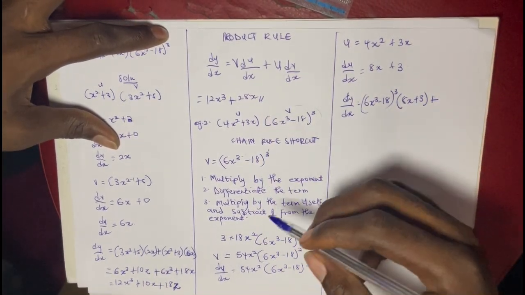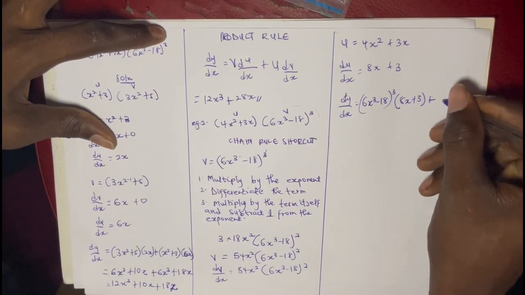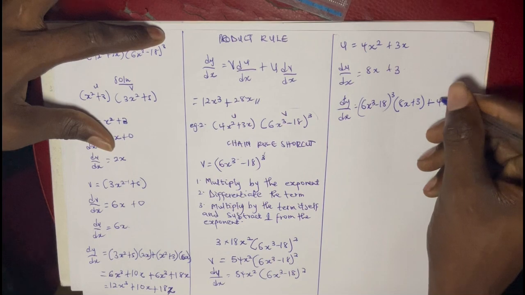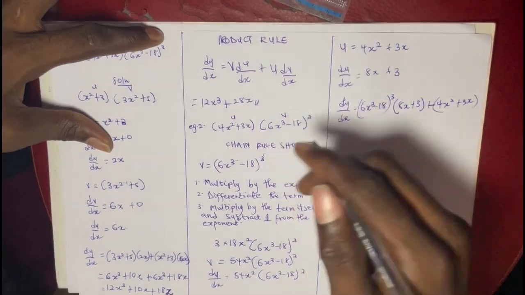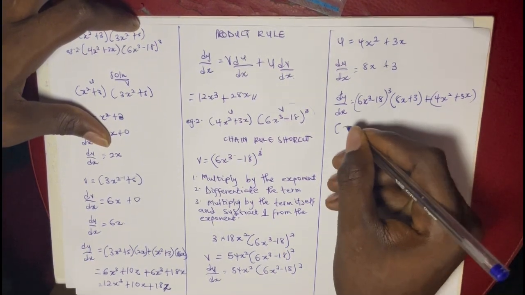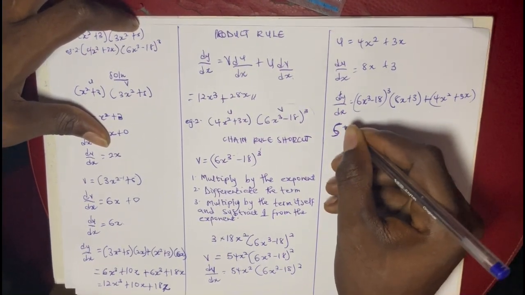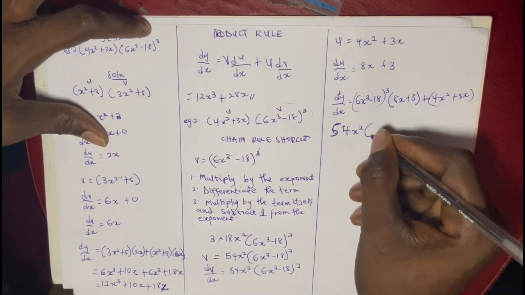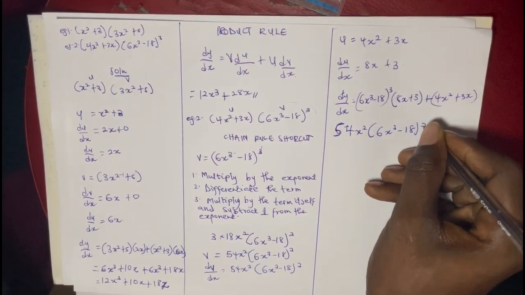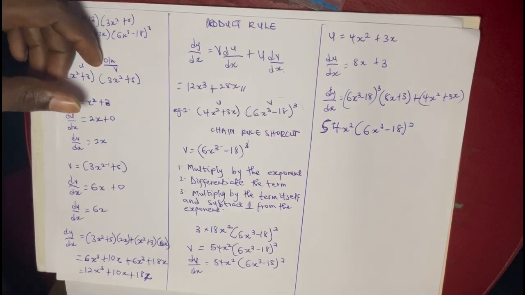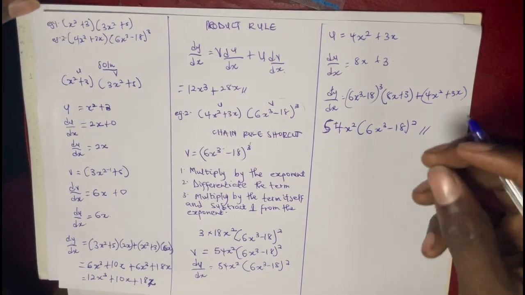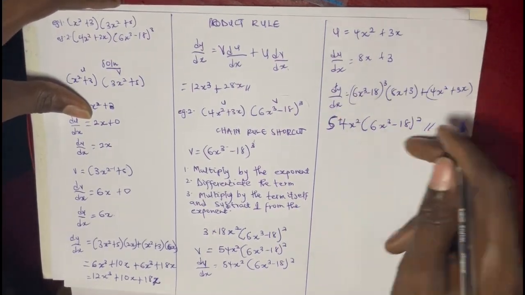What is u? u is 4x squared plus 3x, multiplying dv/dx. What's dv/dx? It is 54x squared times (6x cubed minus 18) squared. So thereby this becomes your final answer, because you can't multiply further.